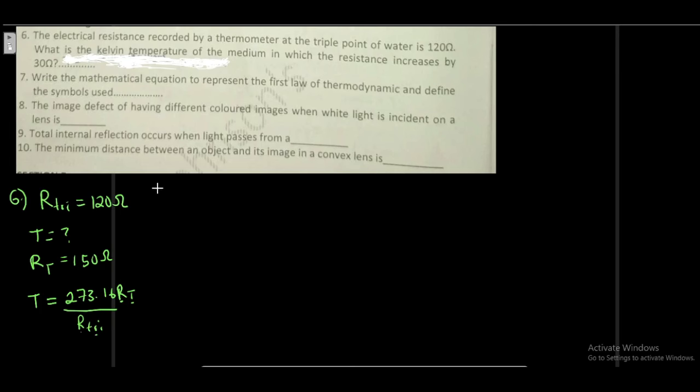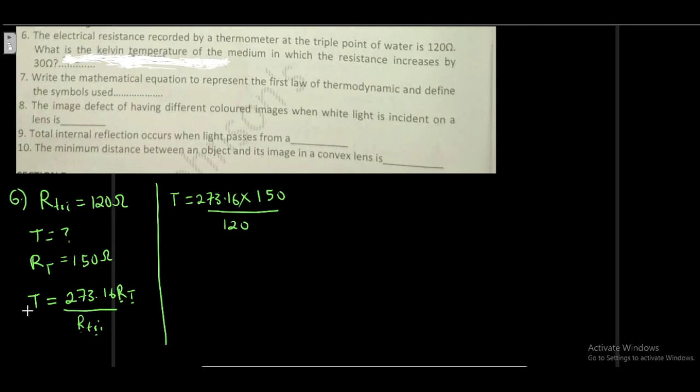So we plug in our values and we have the unknown temperature equal to 273.16 times resistance at unknown temperature, which is 150, all over resistance at triple point of water, which is 120.